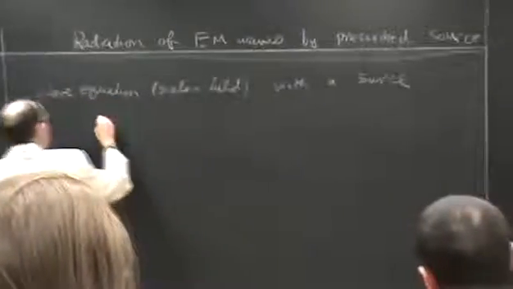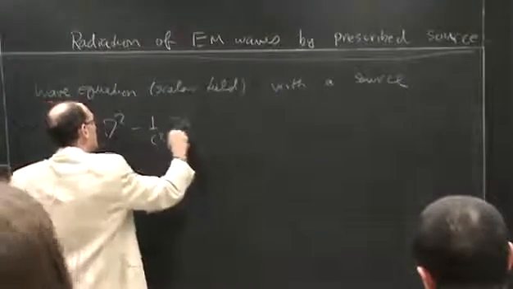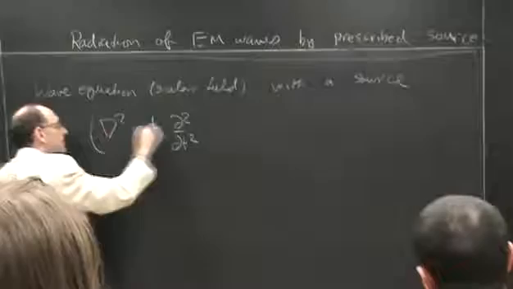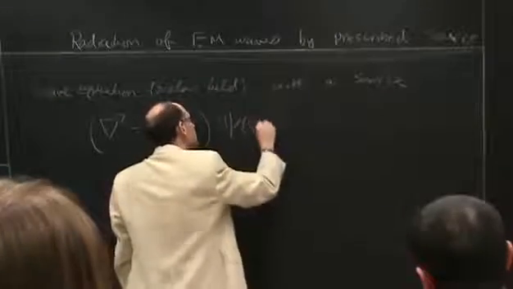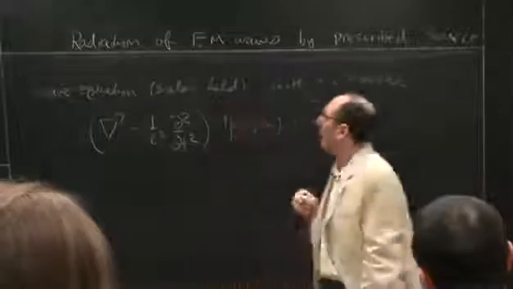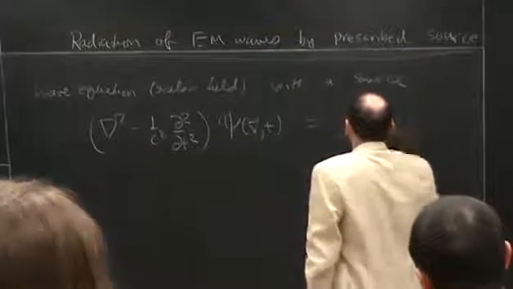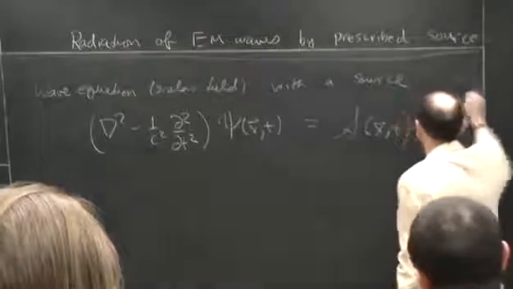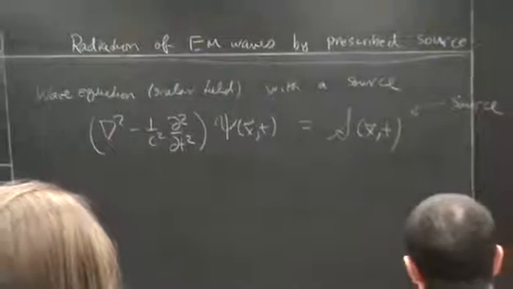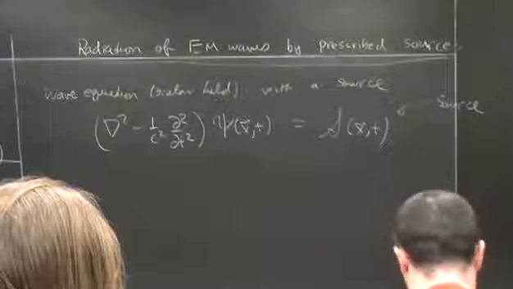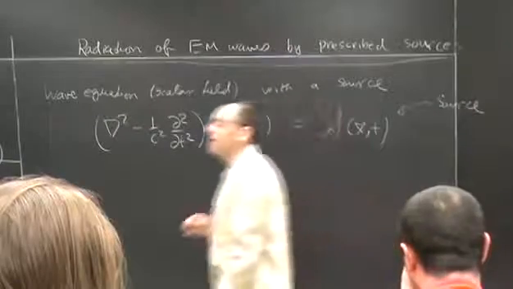So we have the wave equation with some wave propagation speed c, the speed of light, equals now some source. And we have looked at the homogeneous solution where this was 0, but now we want to look for the particular solution.